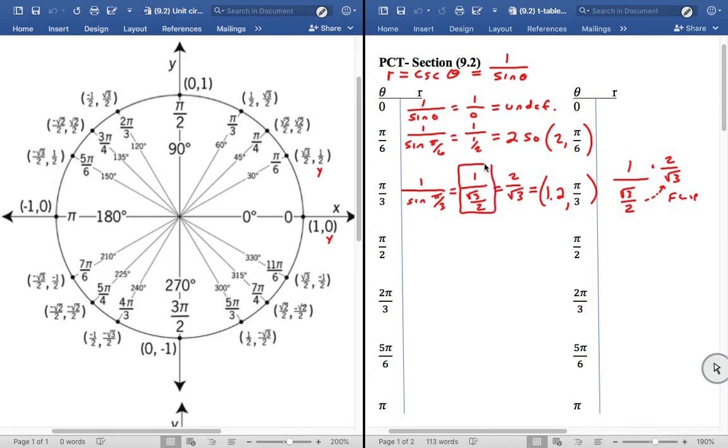Good point. 1 divided by rad 3 divided by 2. Did you have to put parentheses, or did you just go straight 1 divided by rad 3 divided by 2? Maybe it works. Try it, however, you got to get 1.2 as your answer. Good. How about 1 divided by the sine of our good old pi over 2 angle up there?